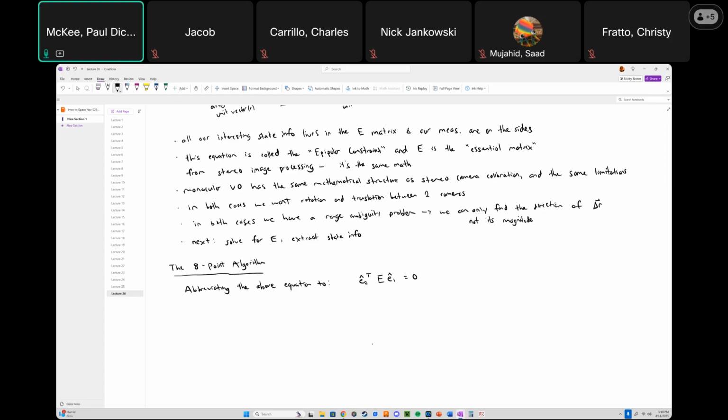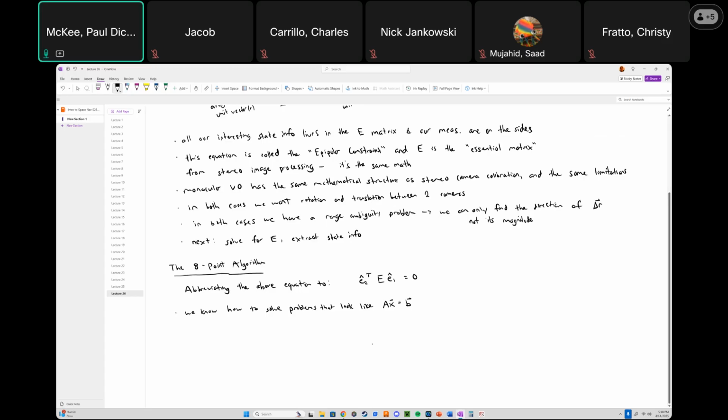Now, how do we solve this? We know how to solve problems that look like AX equals B. We can do that, right? That's a linear system of equations.